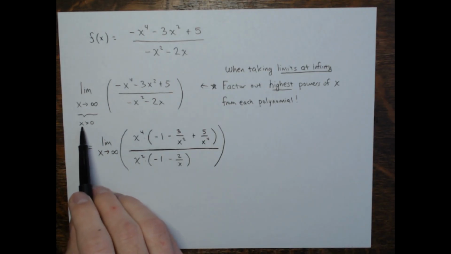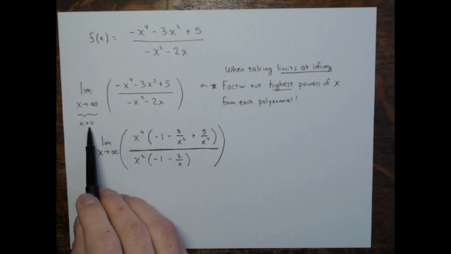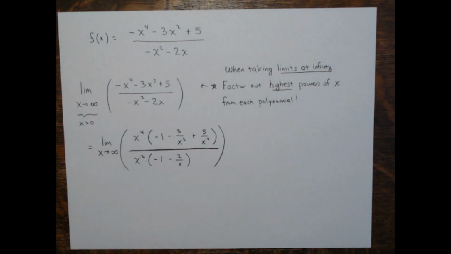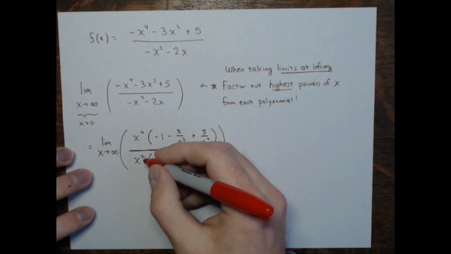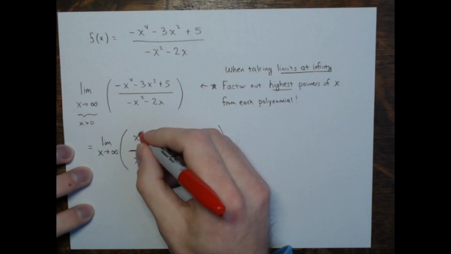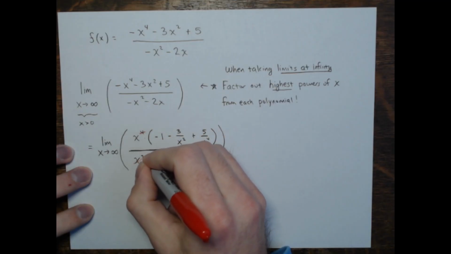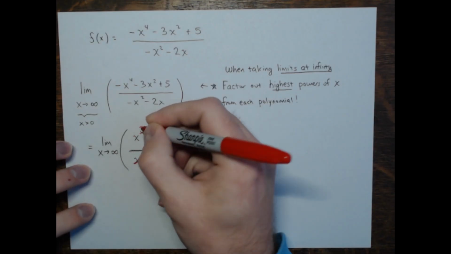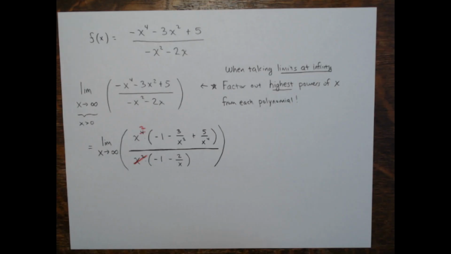And then since x is not 0, right, x is a positive number here, you're plugging in larger and larger positive numbers. We can get some cancellations here, right? X to the fourth divided by x squared. Well, 2 of those factors of x would cancel, and that would leave me with x squared up top there.